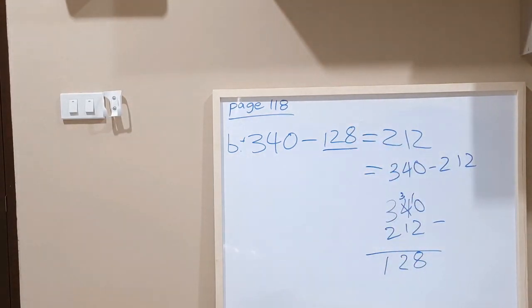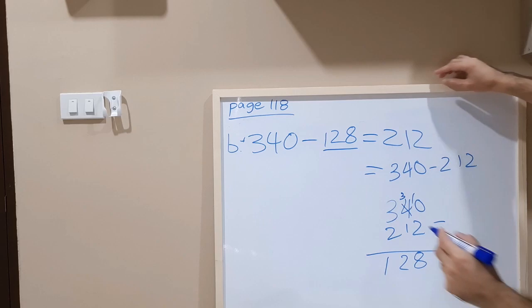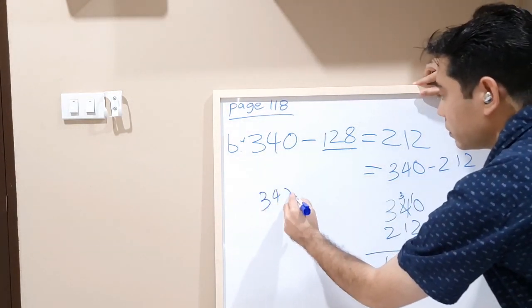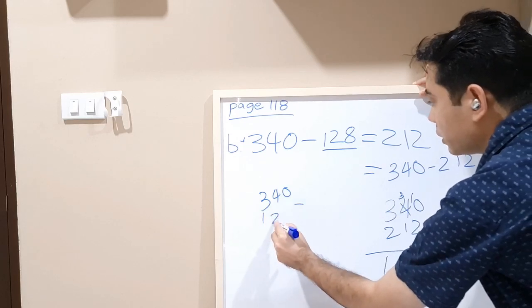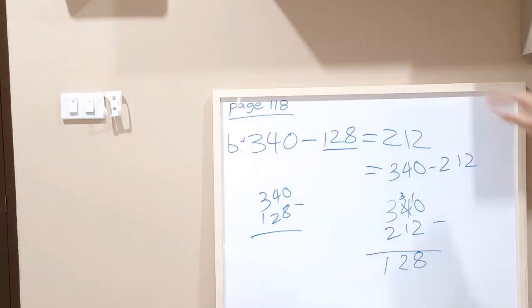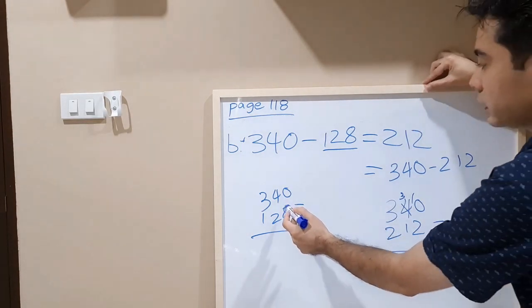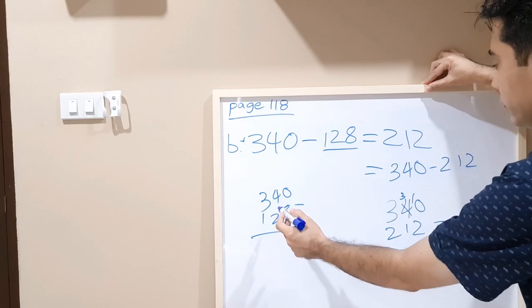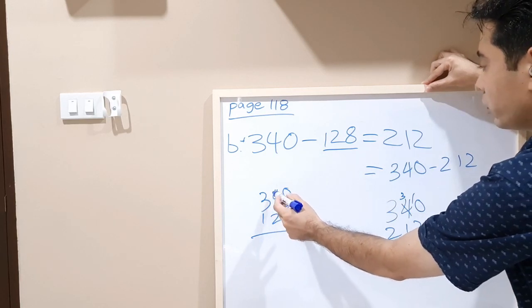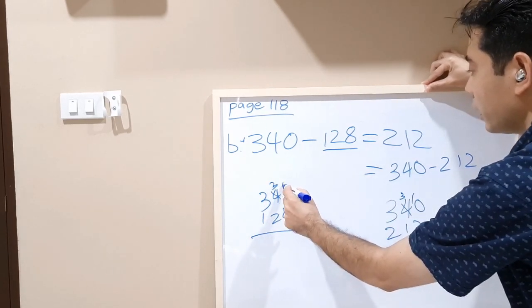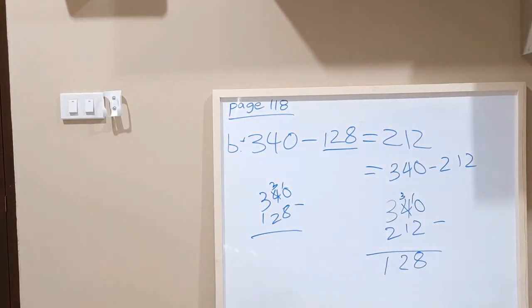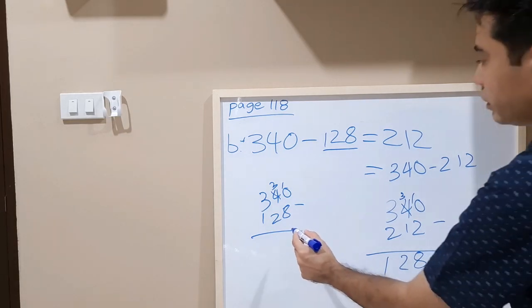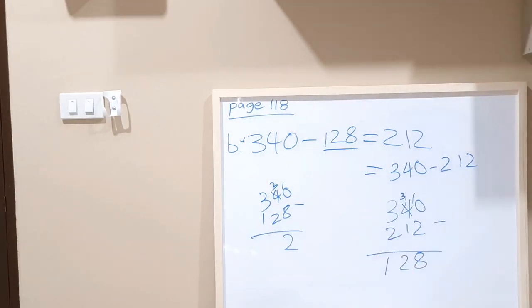Is this correct? Let's find out. 340 minus 128. Let's see. 4 will become 3 and 0 will become 10. So 10 take away 8 will give you 2.